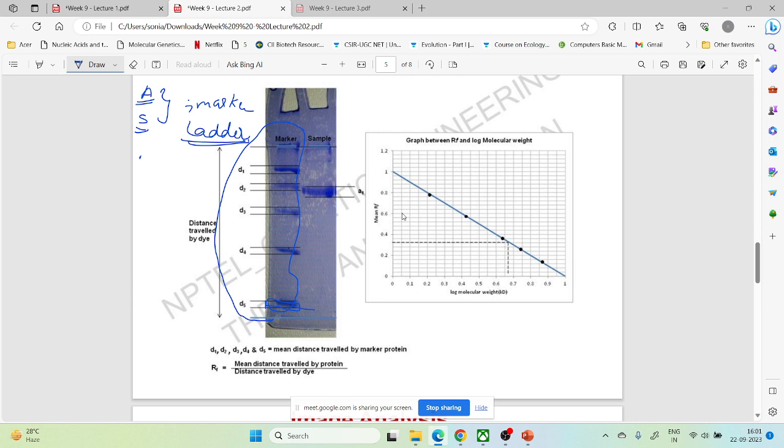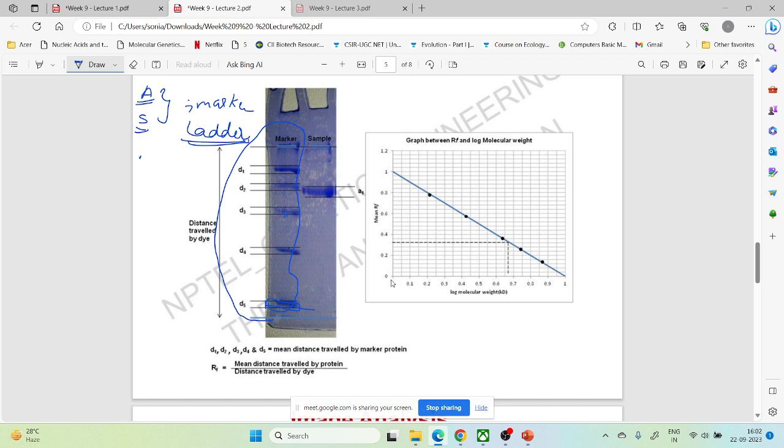So basically the marker gives us a comparison key. If my band has come between this and this marker, and these correspond to these weights, I can know that my band, or my protein, will have approximately this much weight.